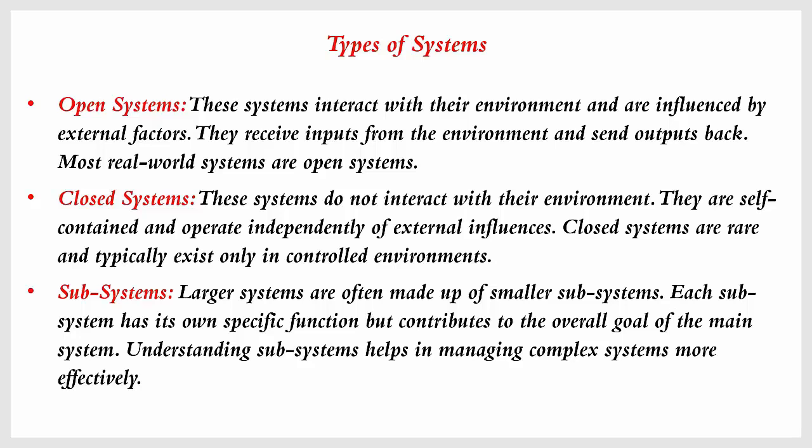Closed systems are rare and typically exist only in controlled environments. Subsystems. Larger systems are often made up of smaller subsystems. Each subsystem has its own specific function, but contributes to the overall goal of the main system. Understanding subsystems helps in managing complex systems more effectively.